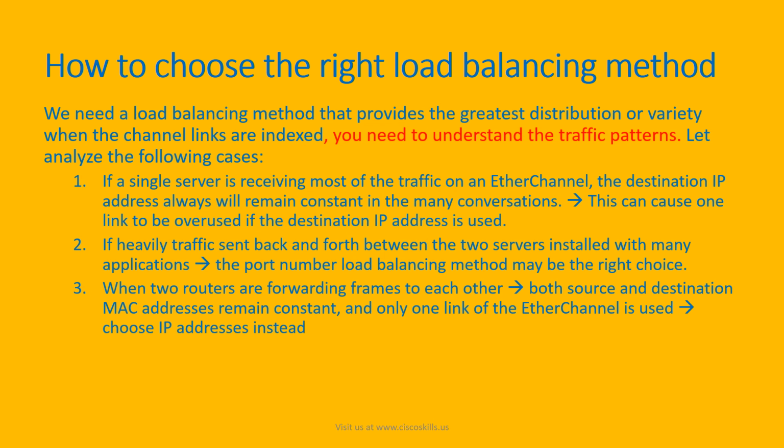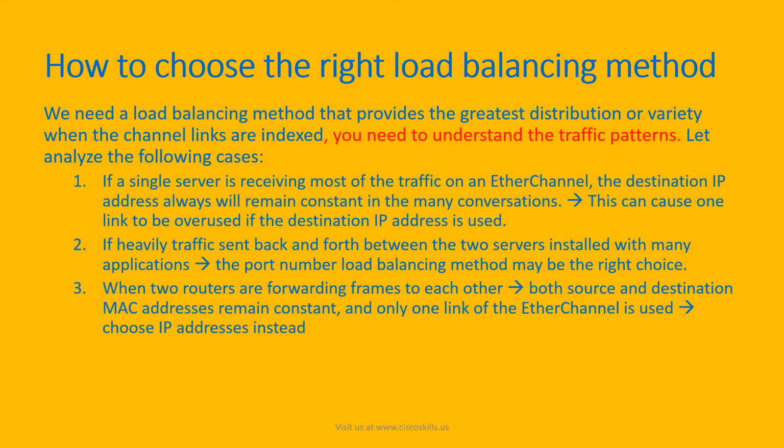Now the third case is when two routers are forwarding frames to each other. Both source and destination MAC addresses remain constant because they are the MAC addresses of the routers. So it means that only one EtherChannel link is used if we use the MAC address.